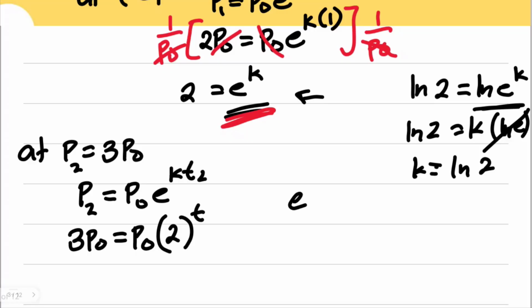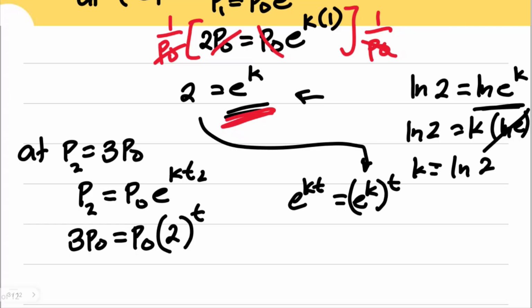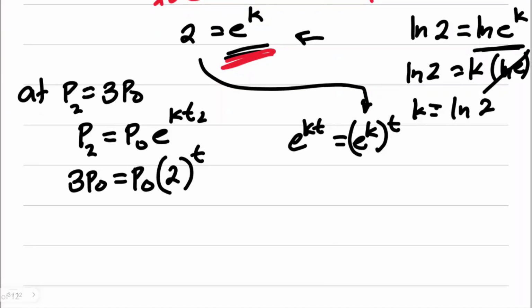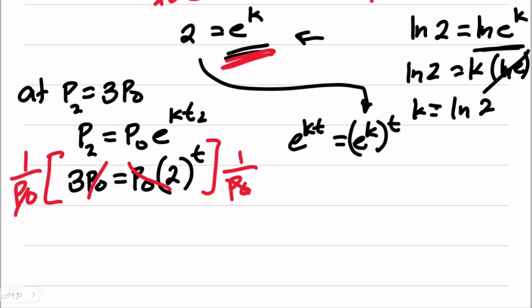Because e to the power of kt is equal to e to the power of k raised to t, and since e to the power of k is 2, you have 2 to the power of t. With that, let's multiply both sides by 1 over P sub 0. So this would be 1, and that's 1. You will have the result 3 is equal to 2 to the power of t.